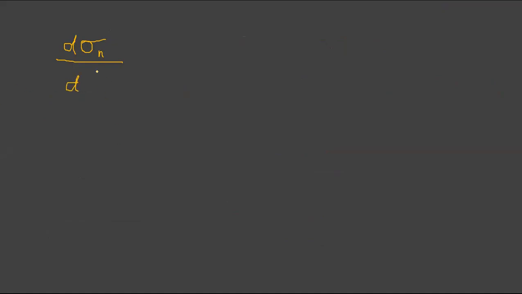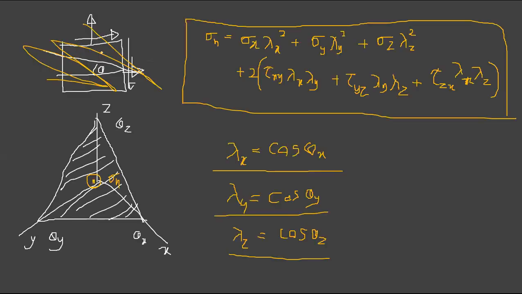That will give you the extreme points of sigma n. So we actually need to know if there is a particular configuration where I would have a critical sigma n value.